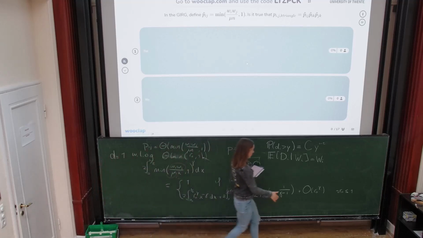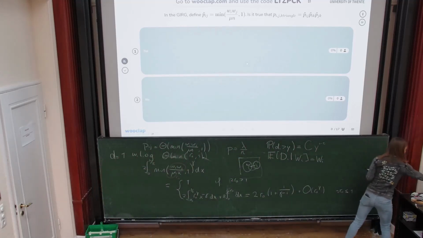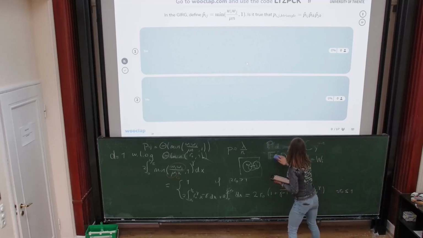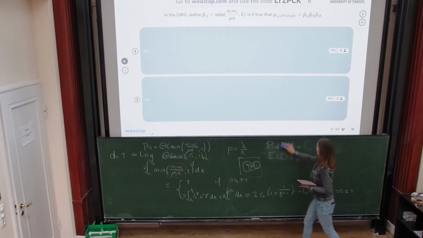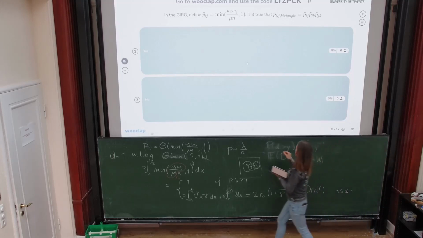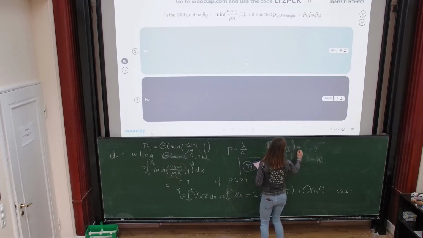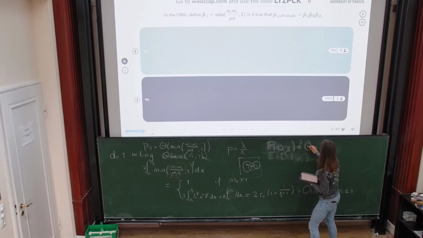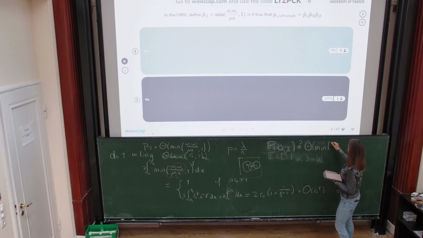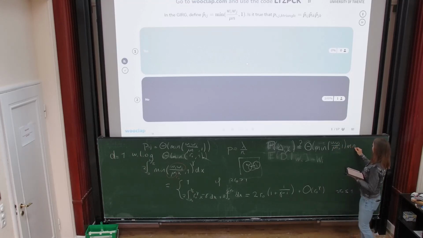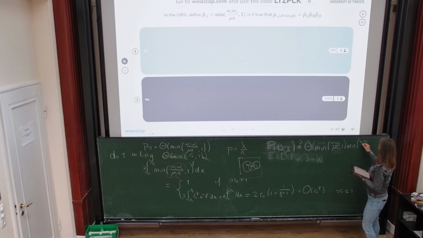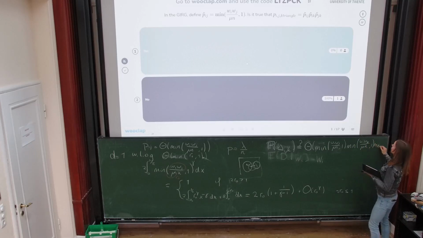Can I then say that the probability of some triangle at i, j, k is equal to theta of the min of all the things here, with weights w_i, w_j, w_k?